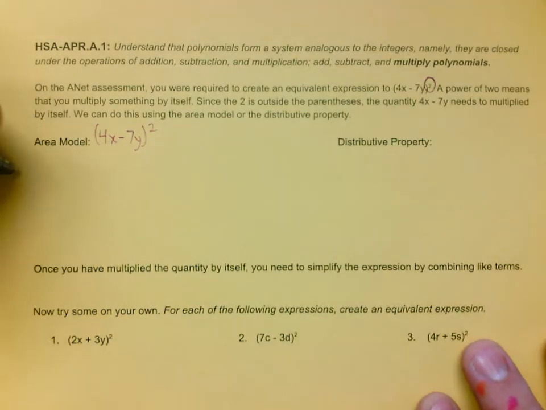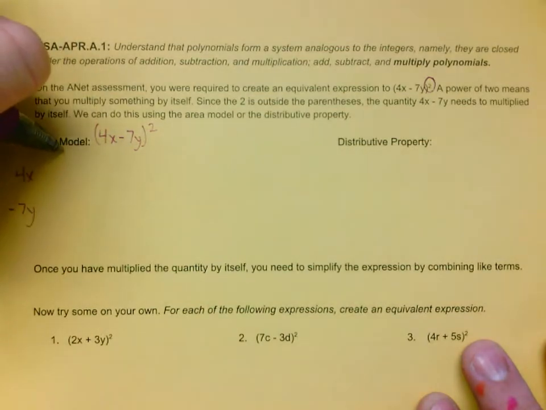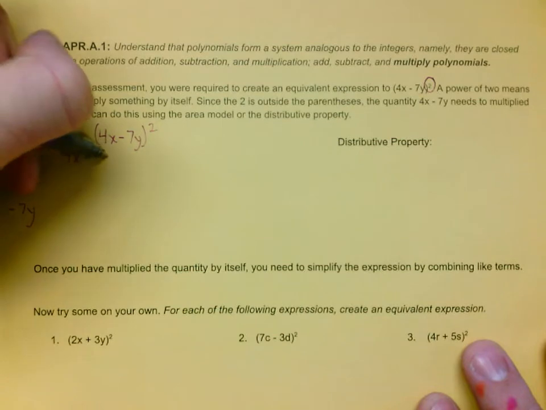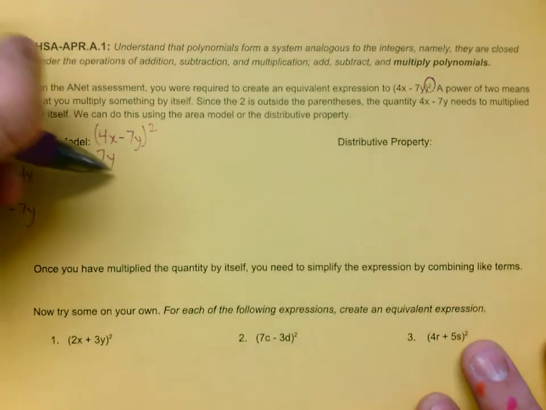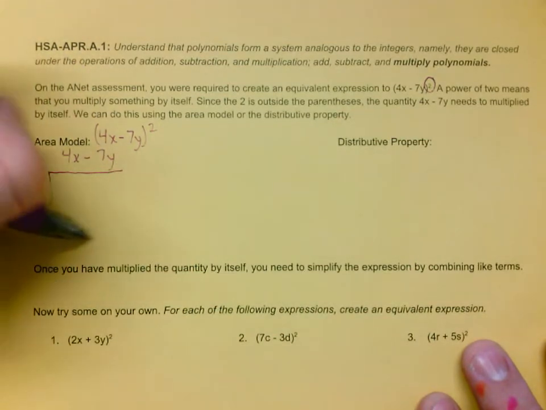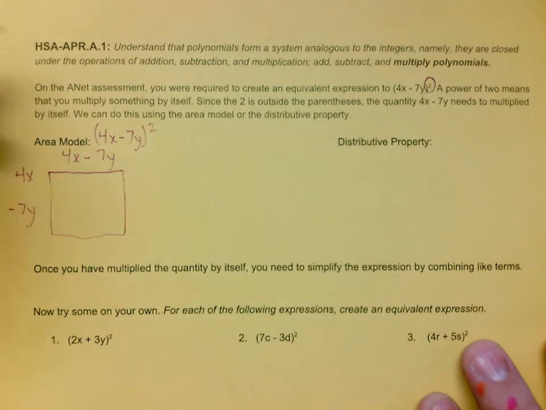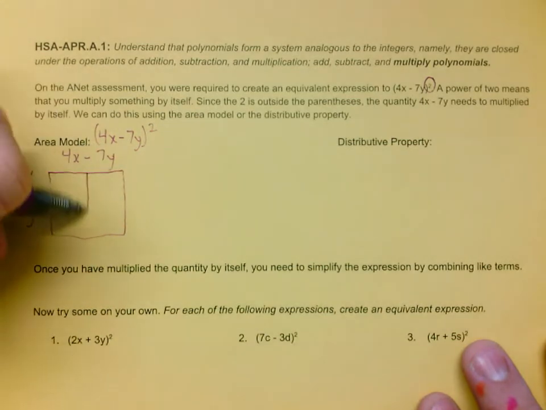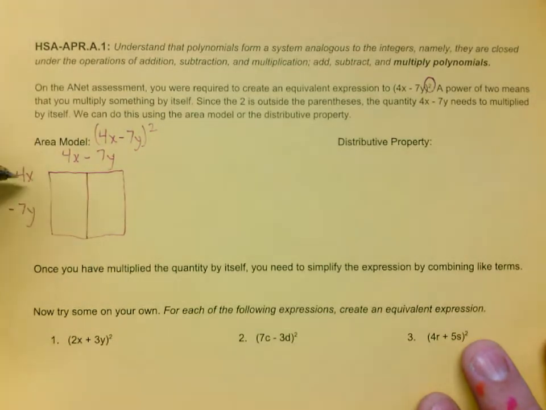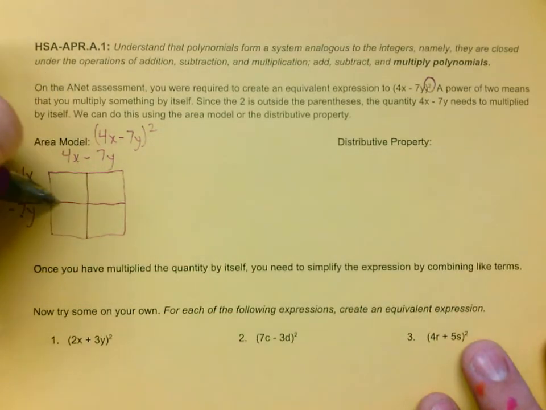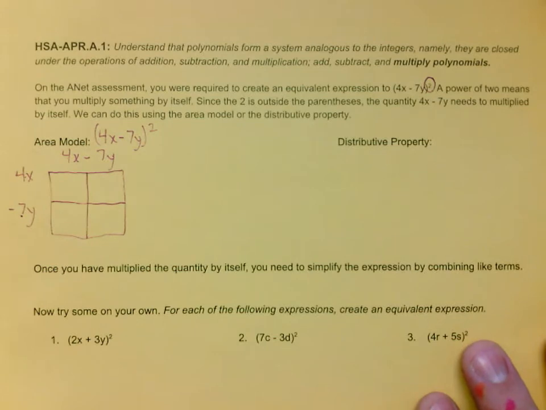So you're going to set it up listing 4x minus 7y on the left, as well as 4x minus 7y across the top. Draw your diagram, 2 terms across the top, split it into 2 columns, 2 terms across the side, split that into 2 rows. And then you're just multiplying like a multiplication table.